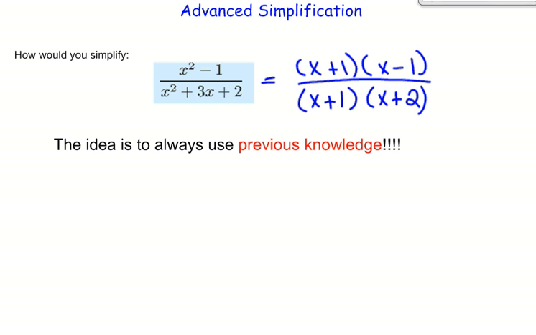And again, from what we started with here, we can't cancel anything because in between our terms, we have addition and subtraction. So we have to factor it in order to have multiplication in between our terms.